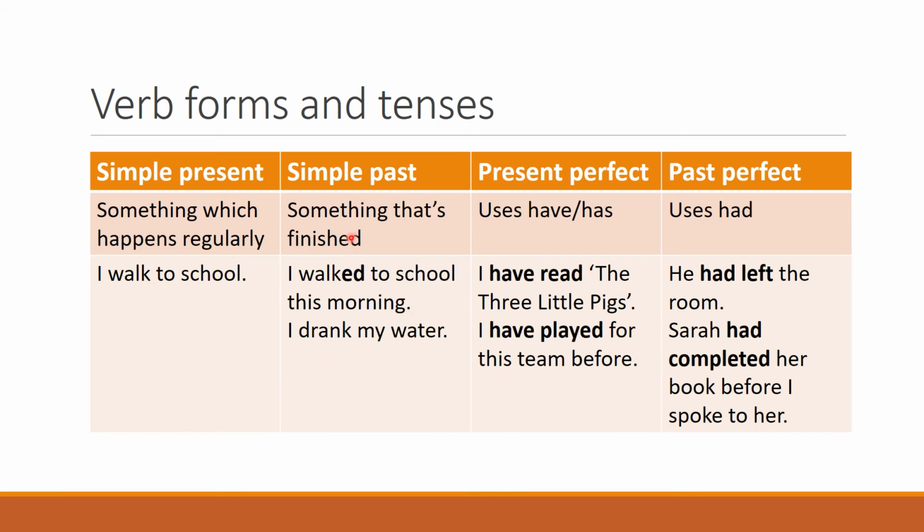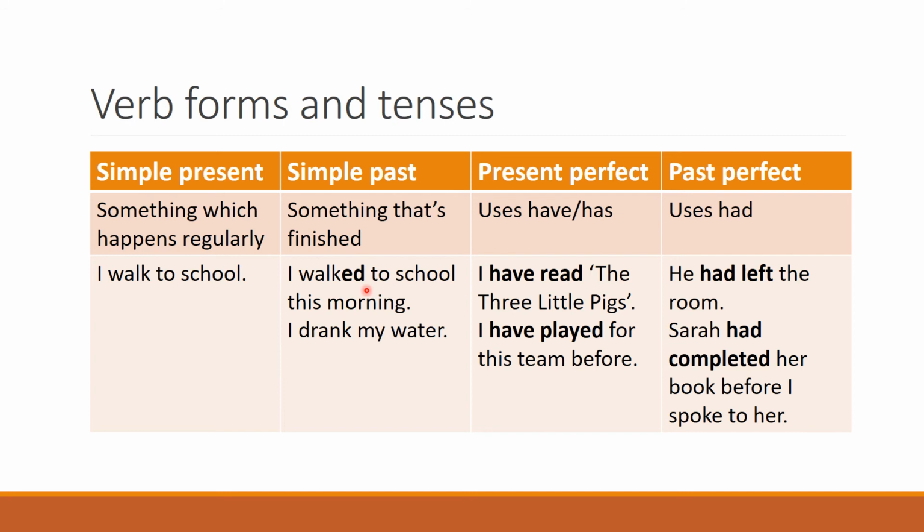The simple past would be something that's finished. So for example, I walked to school this morning, or I drank my water. If we're talking about a regular verb, so the base form of the verb in the simple past, we would add the suffix ed, like in walked.